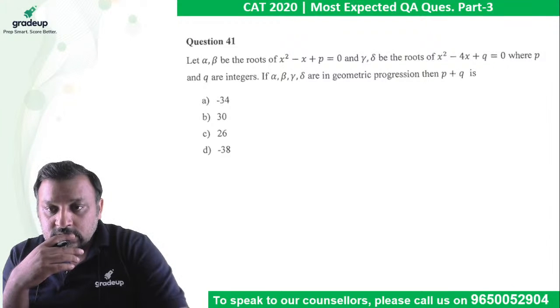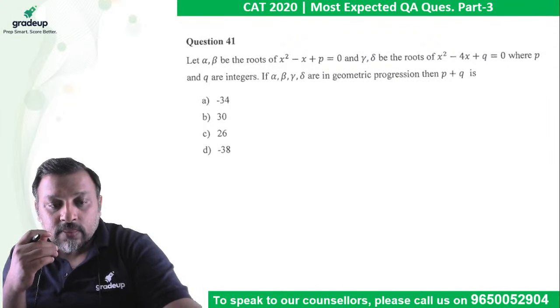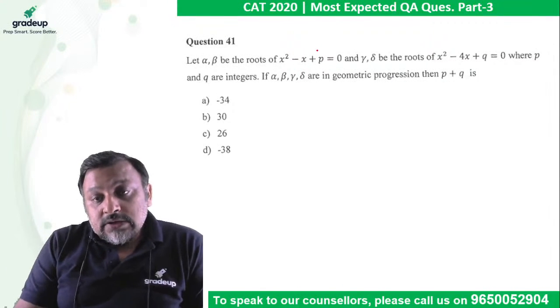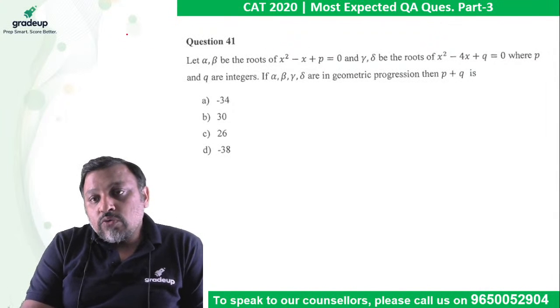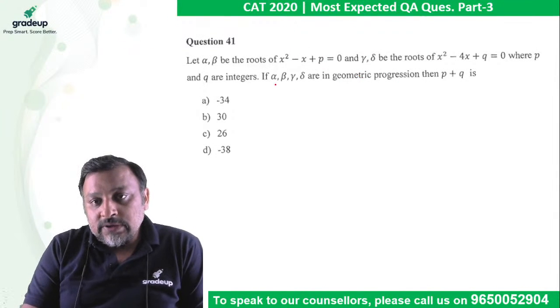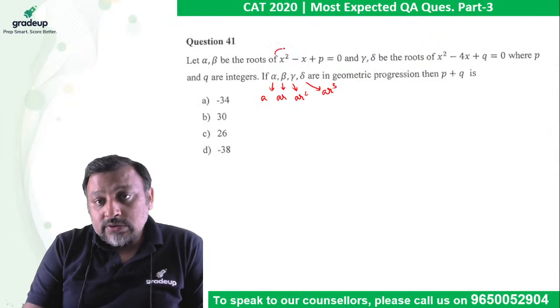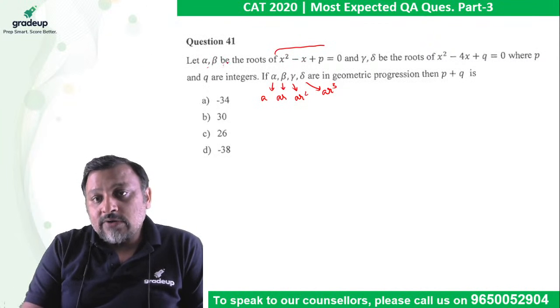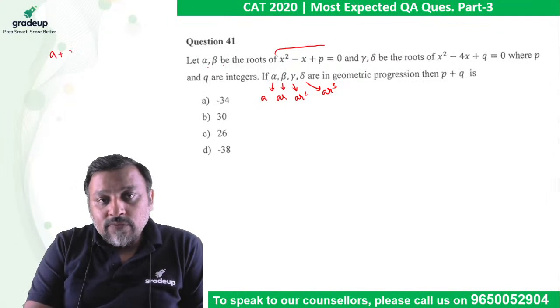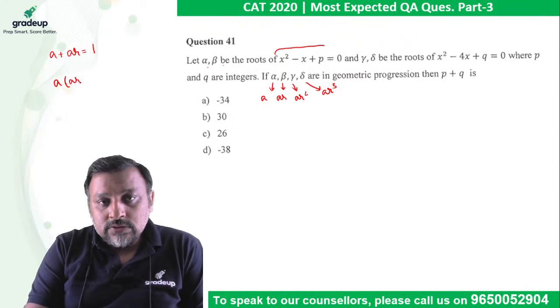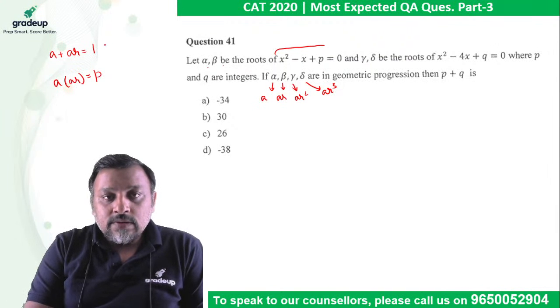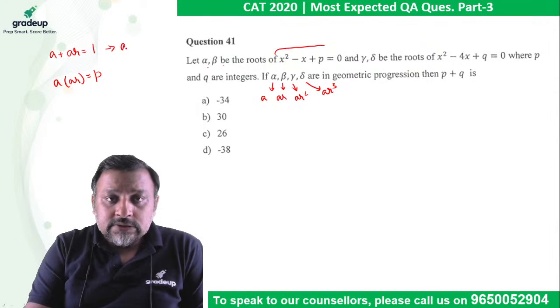Okay, Chetan is saying A. Very good, Chetan. It is A. See, if I assume it is given these are in GP, and I say it is a, this is ar square and ar cube. So here in the first quadratic equation, the roots are alpha and beta. So the sum of the roots is 1, and the product of the roots is p.